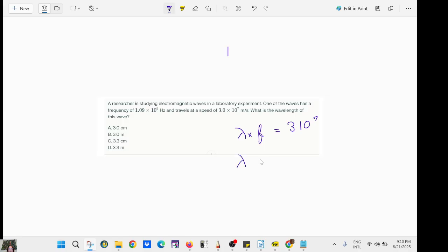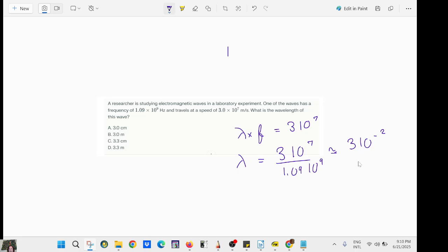Okay, so lambda will be 3 times 10 to the 7 over 1.09 times 10 to the 9, which is about 3 times 10 to the negative 2. It could not be 3.3, so it should be smaller than 3 or 3.